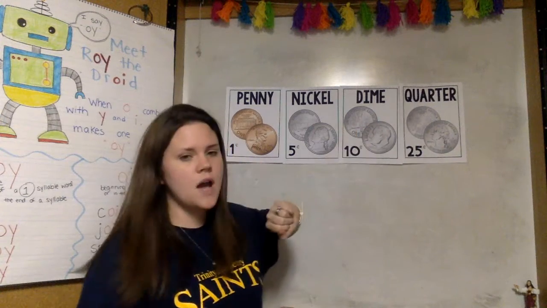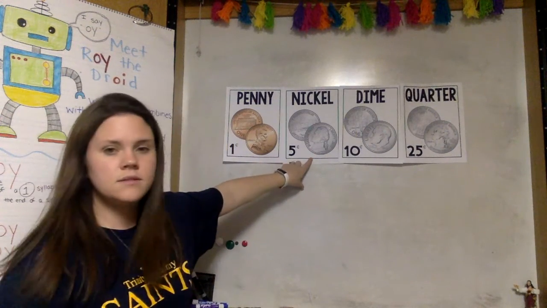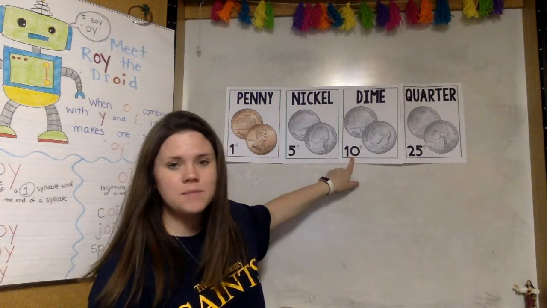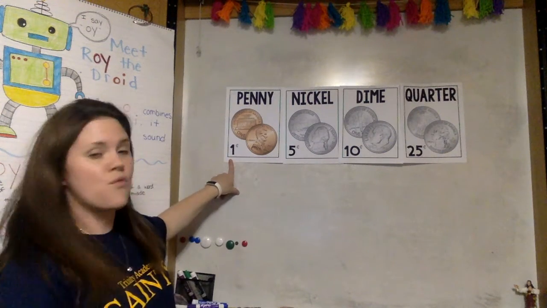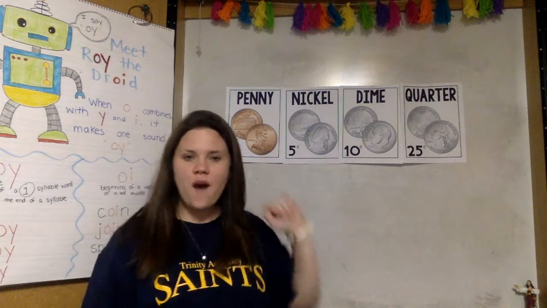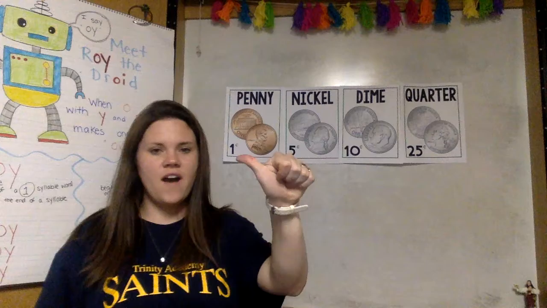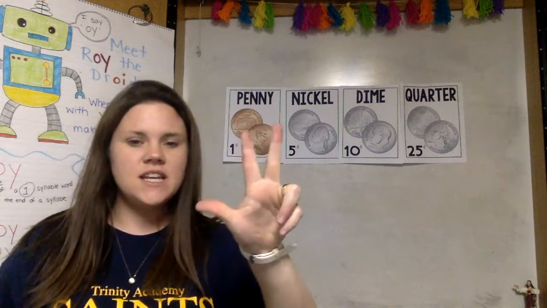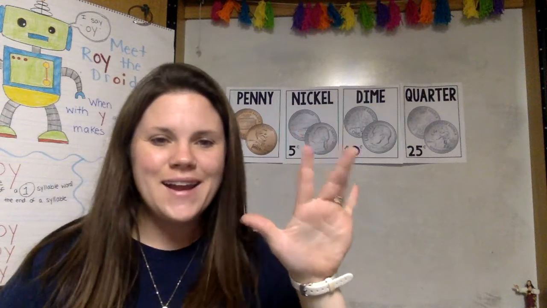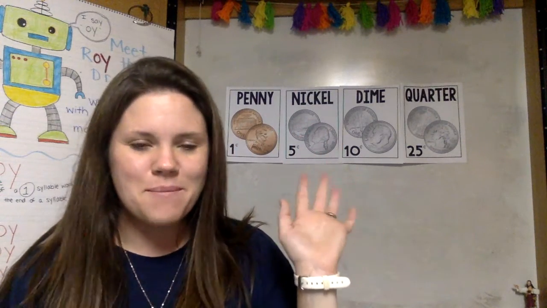I could do 2 dimes and 1 nickel. I could do 2 dimes and 5 pennies, right? I could do 5 nickels. 5, 10, 15, 20, 25, right?